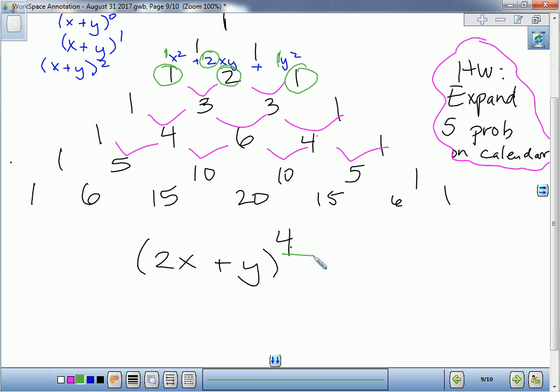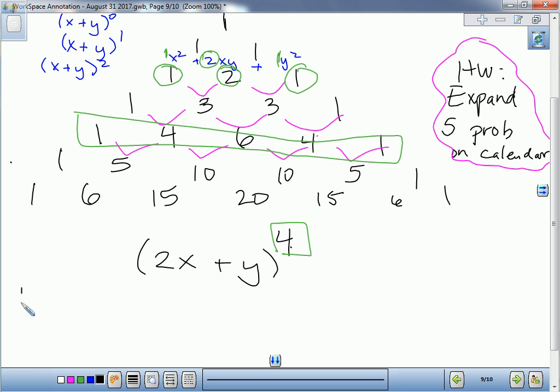So if I'm doing a fourth power, I'm going to use this fourth expansion here, this row. And the first thing I do is I write down these coefficients: 1, 4, 6, 4, 1.